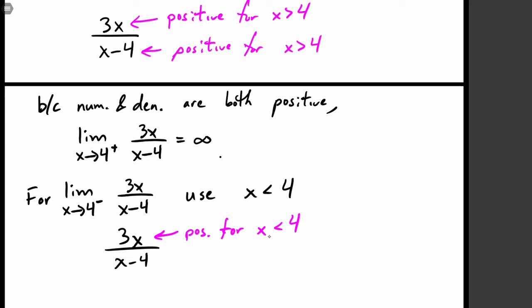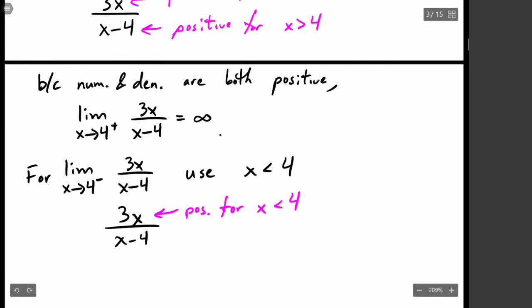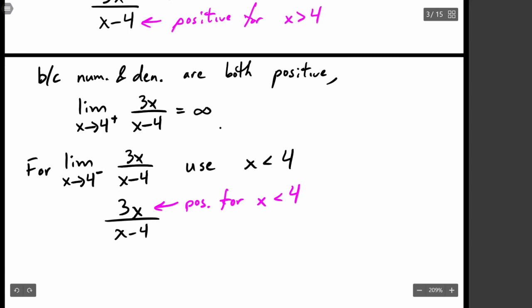So that's implicit all the time here, and it becomes more important for later functions where the denominator has multiple places where it's 0.